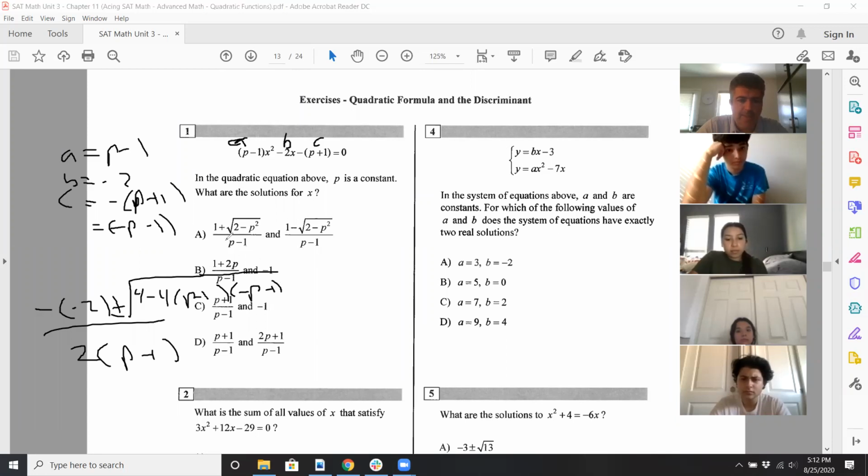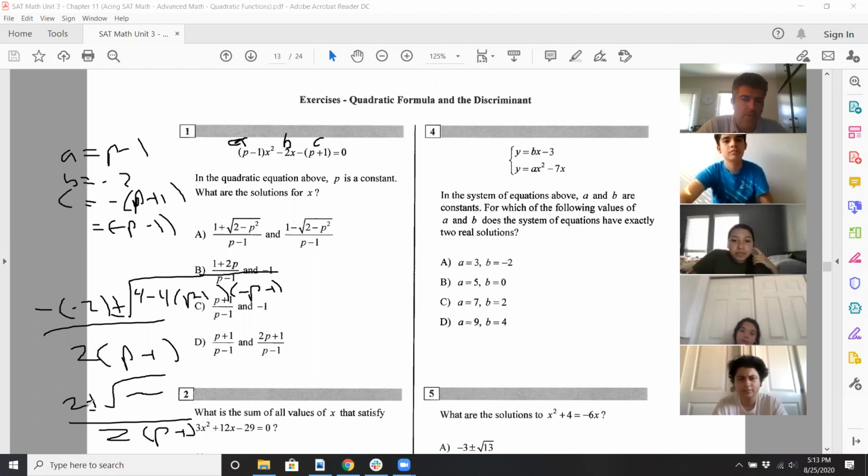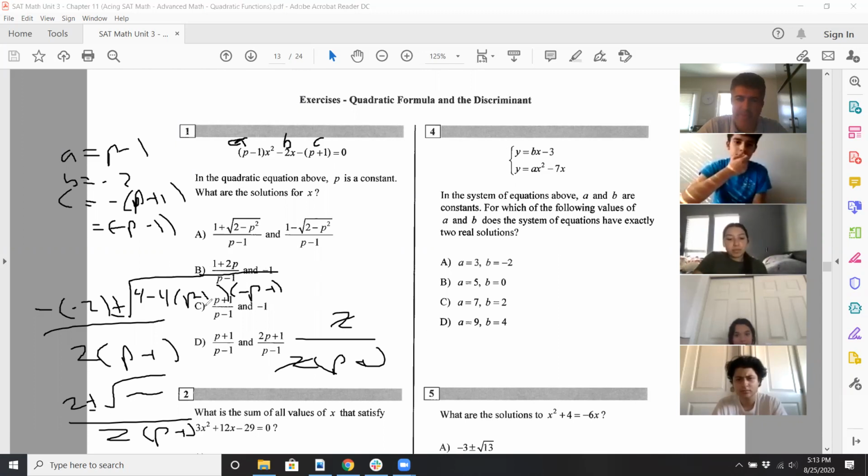The bottom line is that I'm going to have 2 plus or minus all this junk divided by 2 times P minus 1. So I'm doing 2 over 2 times P minus 1, so the 2's cancel. But the inside part's going to be a little messy.